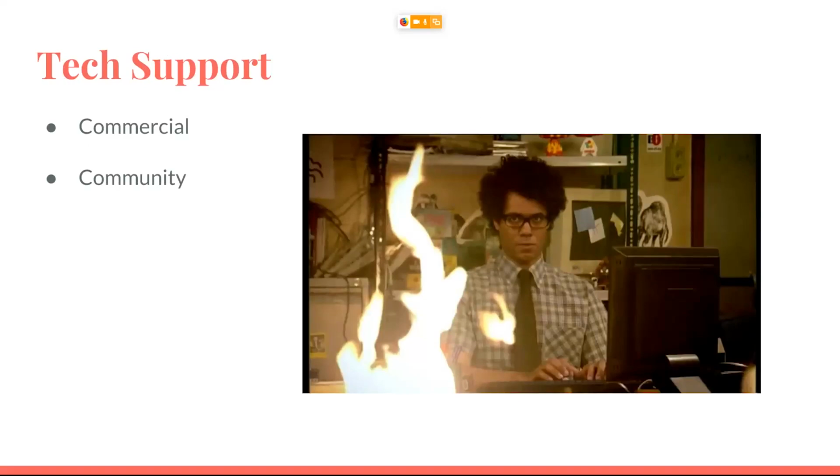Any good strategy involves a fallback option for essentially asking for help, whether that's a commercial solution, a piece of software or hardware that comes with specific guarantees of support when things go wrong. That's great, and there can also be third-party services that offer that as well, and if that's within your budget, go for it. But there's also a lot of community tech support.